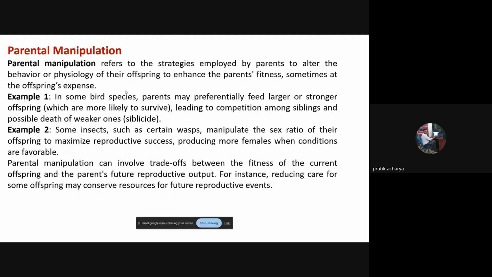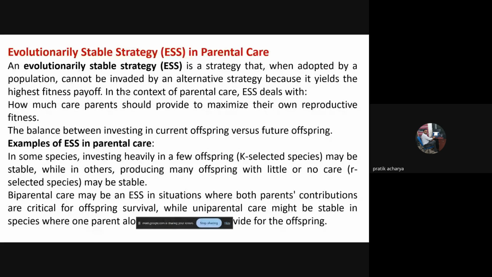This can involve a trade-off between the fitness of the current offspring and the parents' future reproductive output. So this is an evolutionarily stable strategy, commonly abbreviated as ESS, in parental care. What is ESS?